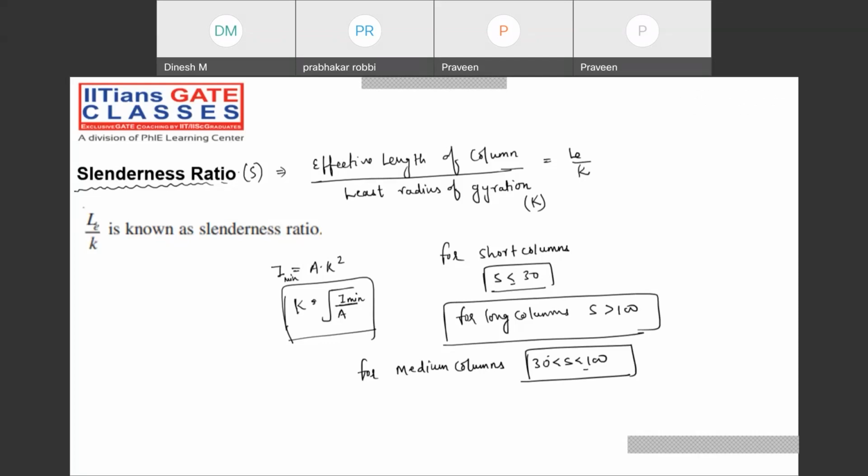Is it done, all of you? Done. What do you physically mean by the slenderness ratio? When the slenderness ratio increases, do the chances of buckling increase or decrease?